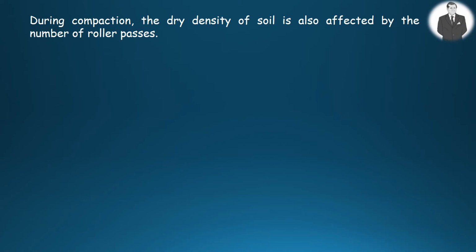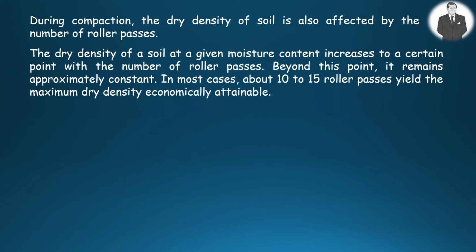In the course of compaction, the dry density of soil is also influenced by the number of roller passes. The dry density of a soil at a given moisture content increases up to a certain point with the number of roller passes. Beyond this point, it remains more or less constant.